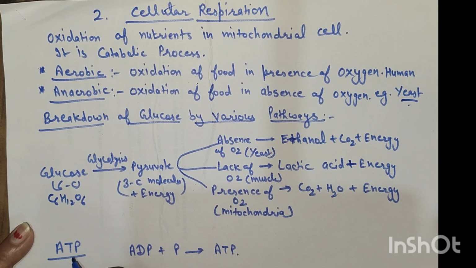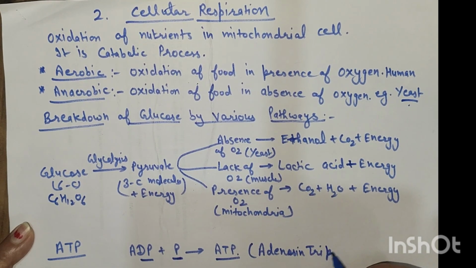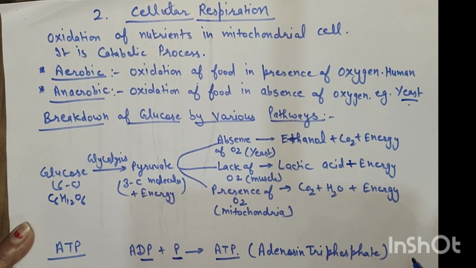It is formed from ADP, adenosine diphosphate, combined with phosphate to form ATP. This is the energy currency of our body, and it provides energy to our body.